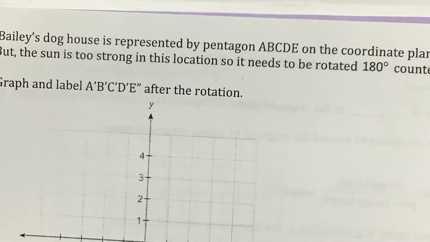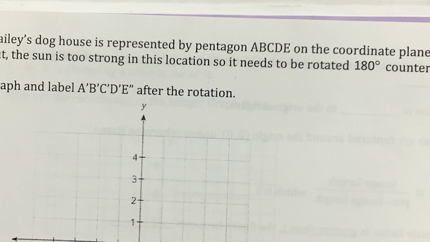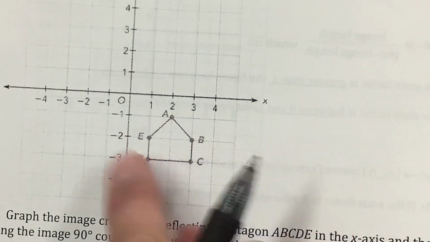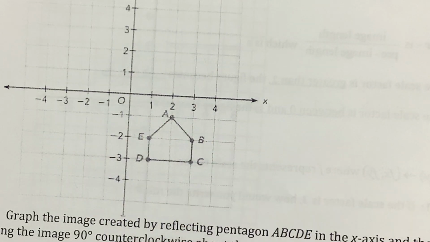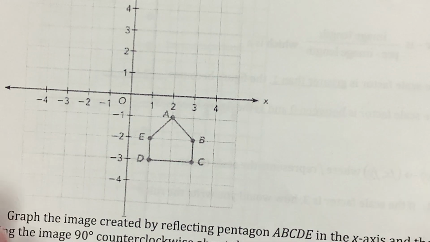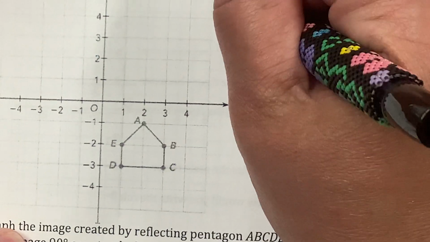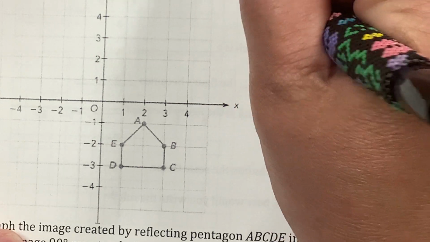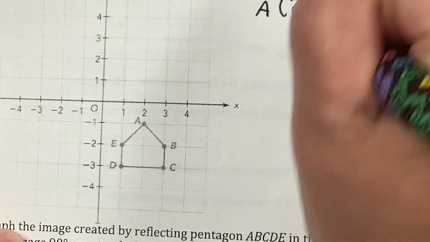Bailey's doghouse is represented by pentagon ABCDE on the coordinate plane, but the sun is too strong, so it needs to be rotated 180 degrees. So what I'm going to do is write down all these coordinates, and I'm going to multiply them all times -1. So here we go. A is at (2, -1).